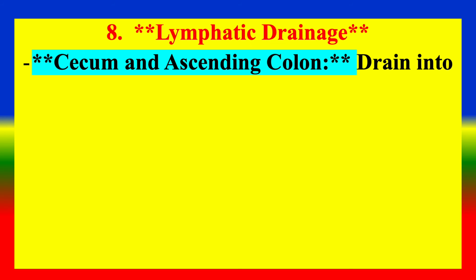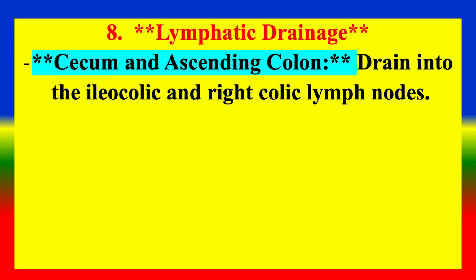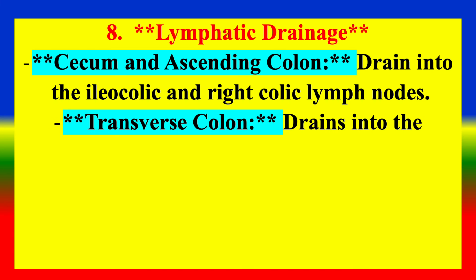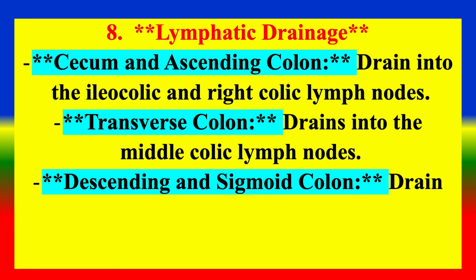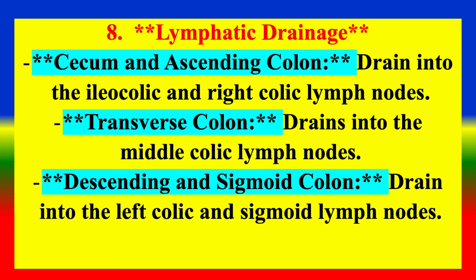Eight, lymphatic drainage. Caecum and ascending colon drain into the ileocolic and right colic lymph nodes. Transverse colon drains into the middle colic lymph nodes. Descending and sigmoid colon drain into left colic and sigmoid lymph nodes.